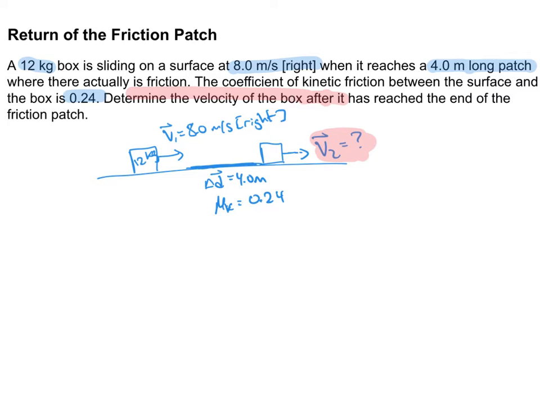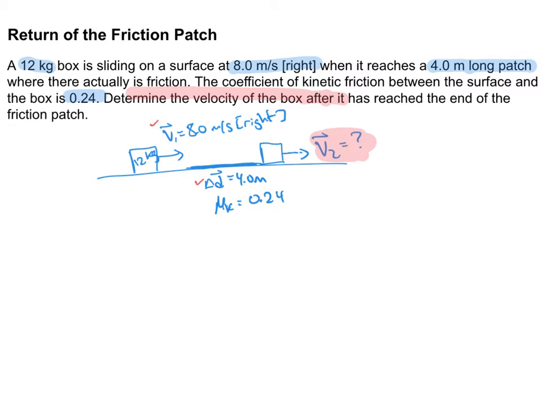But in order to use the big 5 equations, I'm going to need to know 3 other kinematics numbers to plug into the equation. I've got one here with the V1, I've got one here with the displacement, but the mass is not part of the big 5, and the coefficient of friction is not part of the big 5, so I actually don't have enough information yet to use one of the big 5 equations.